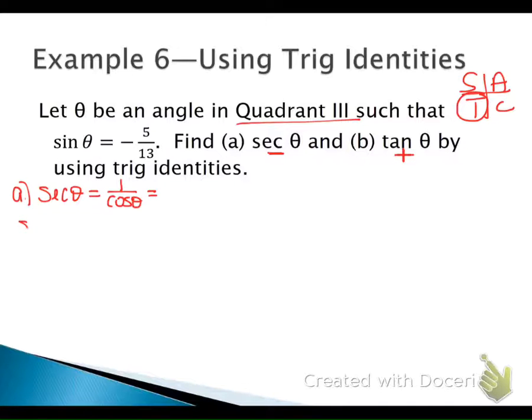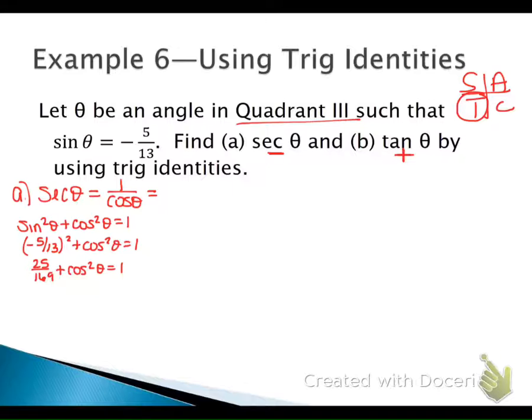But we do know that sine squared plus cosine squared equals 1. So sine is -5/13 squared, plus cosine squared equals 1. So -5/13 squared is 25/169, plus cosine squared equals 1.